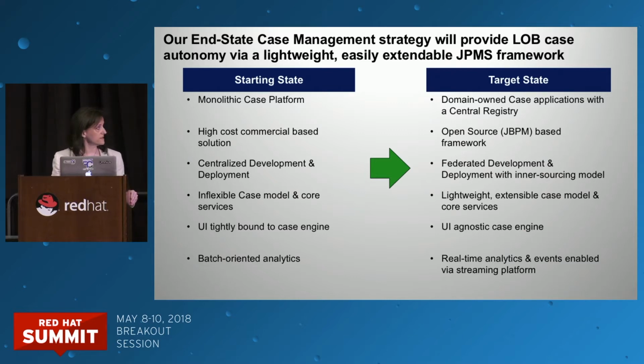We started with centralized development and deployment, and we're going to end up with federated development and deployment via an inner-sourcing model. We have a very inflexible case model and core services in our proprietary solution, and we end up with the ability, using the framework, to have an extensible case model and core services.